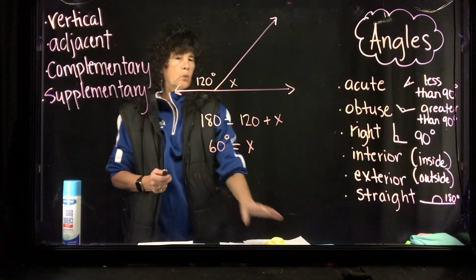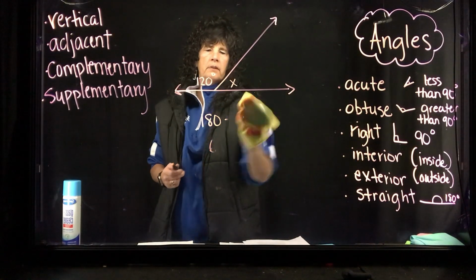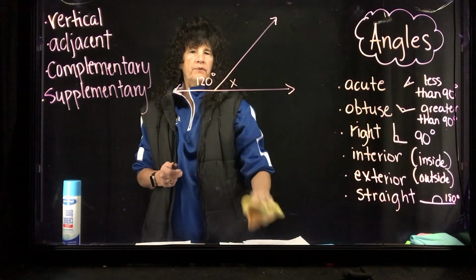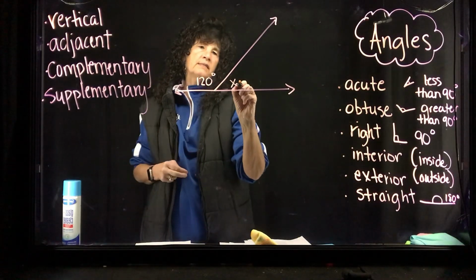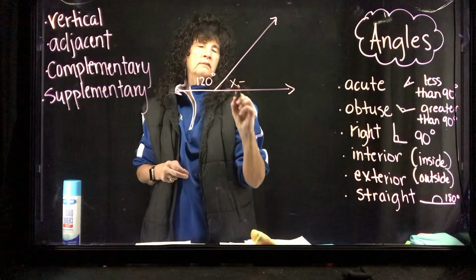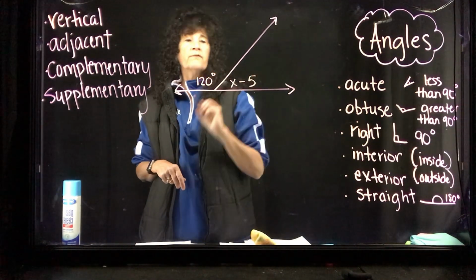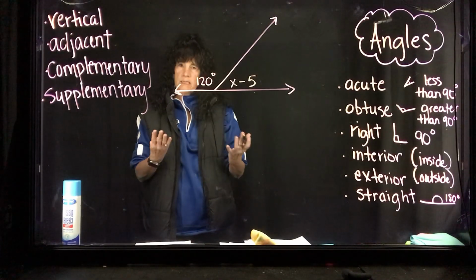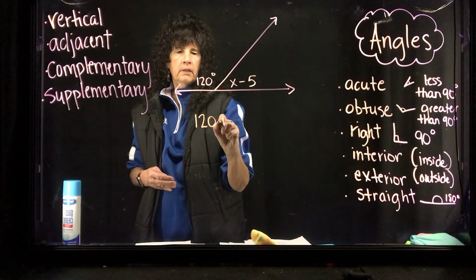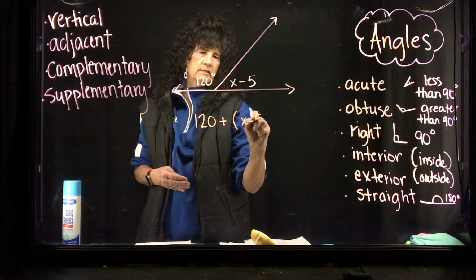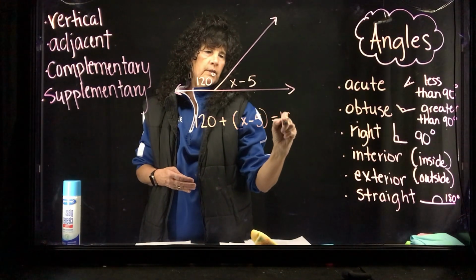Okay? What if I had a problem that said find this angle, but this angle is equal to x minus 5? Well, you can set that up. So then you can say 120 plus x minus 5 is equal to 180.